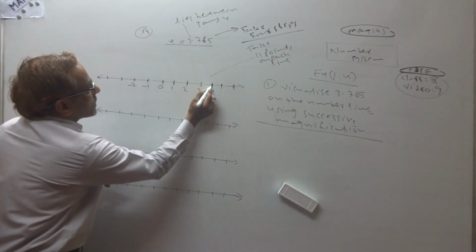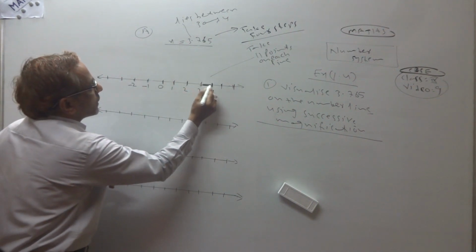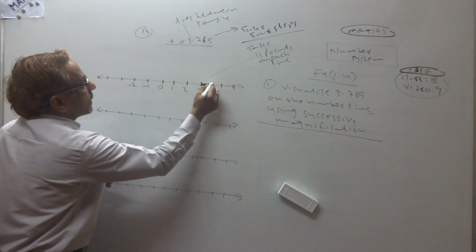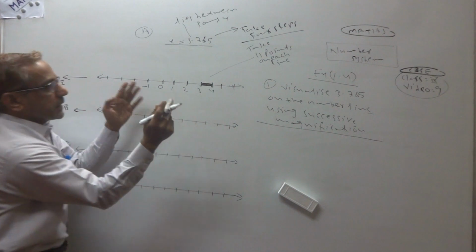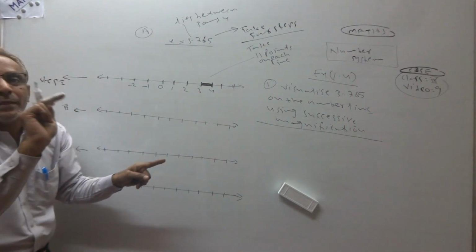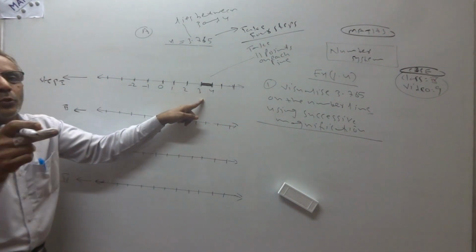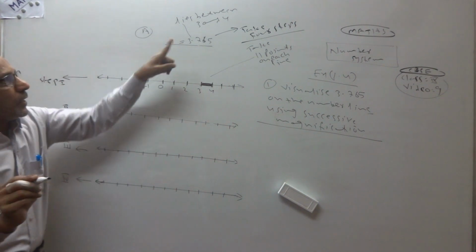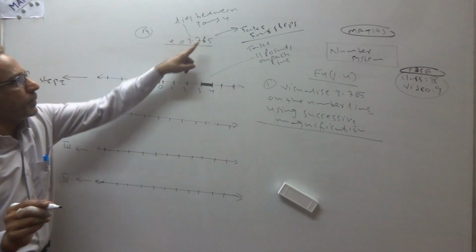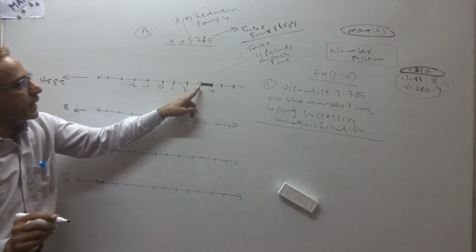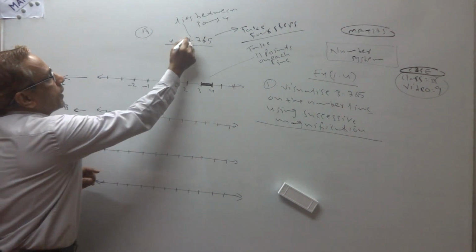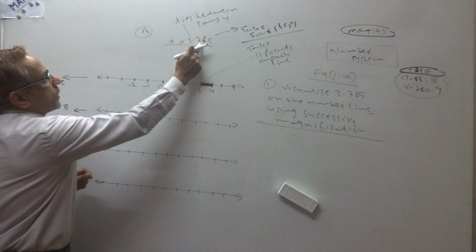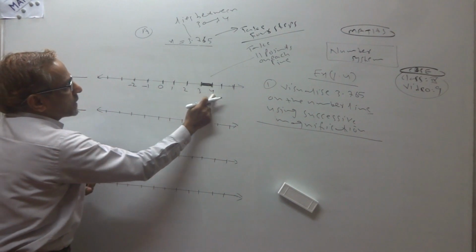So you mark like this and make this area dark, or you use a color pencil to highlight it. Because 3.765 is between 3 and 4, highlight this area. If it is 2 point something, between 2 and 3 you highlight. Because 3.765 is lying between this and this.